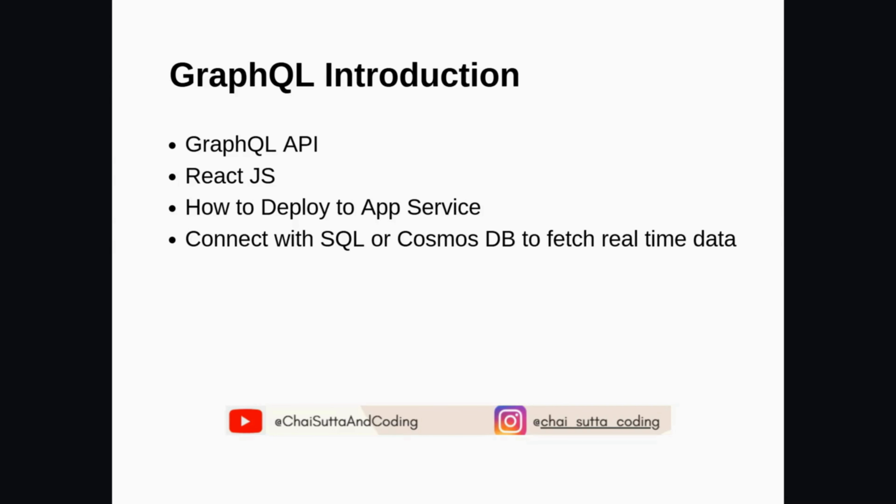GraphQL API. Okay, if you don't know what an API is, then in simple words, for example, whenever you are using any website or any application, it can be a mobile application, a website or a desktop application, whatever you are seeing on the screen, suppose you load any website, that is a front end.